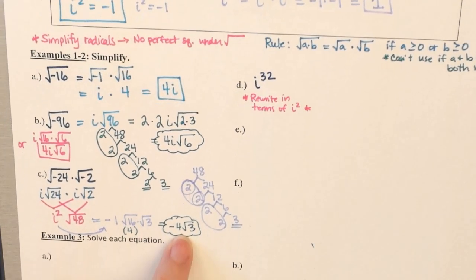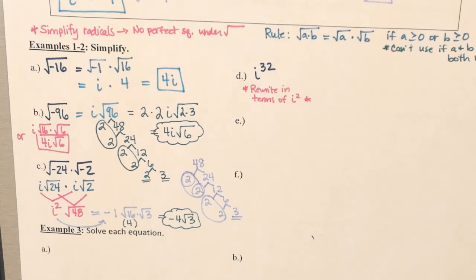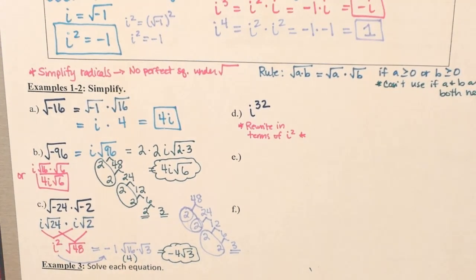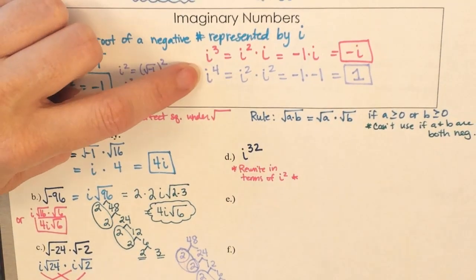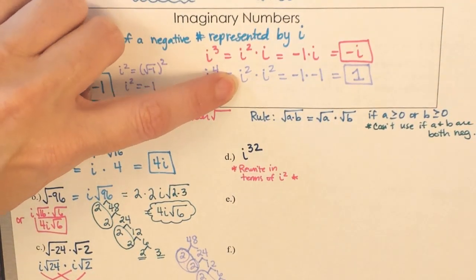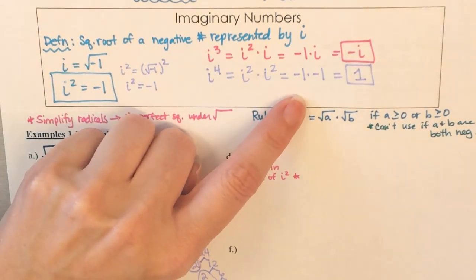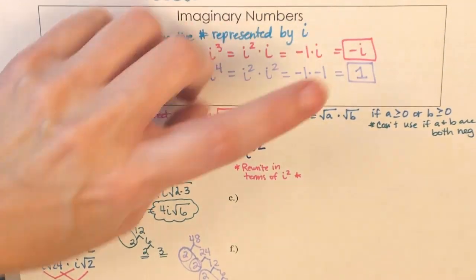Sometimes you'll have the i out there. So no matter what you have, you're going to try to rewrite it with i squared and substitute in that negative 1. And then you're either going to be left with a number or something with i.